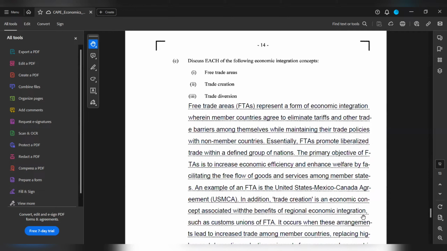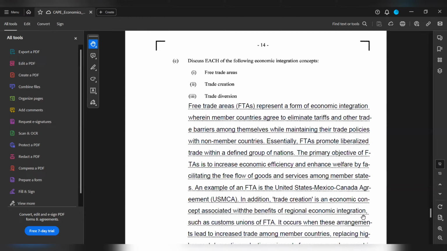Essentially, free trade areas promote liberalized trade within a defined group of nations. The primary objective of FTAs is to increase economic efficiency and enhance welfare by facilitating the free flow of goods and services among member states.